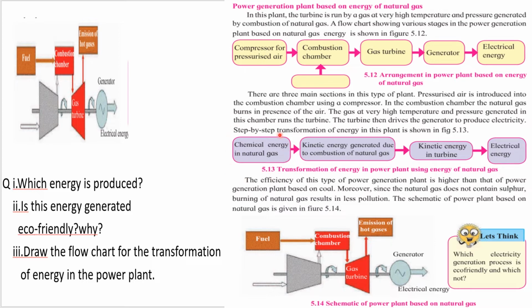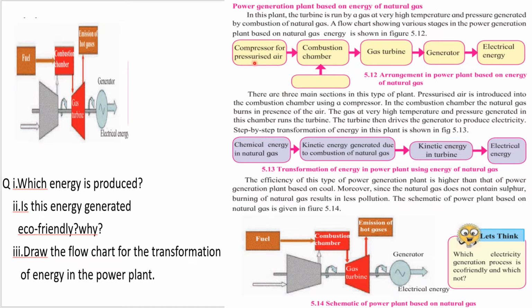Here the chemical energy in the natural gas is converted into kinetic energy generated due to the combustion of the natural gas. This kinetic energy is used to rotate the turbine, which rotates the generator, and the electricity is produced. In the examination, they can ask about the transformation of the energy.